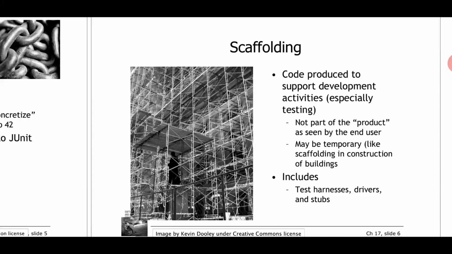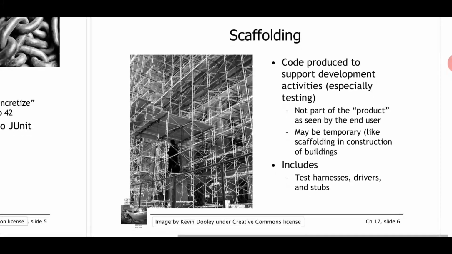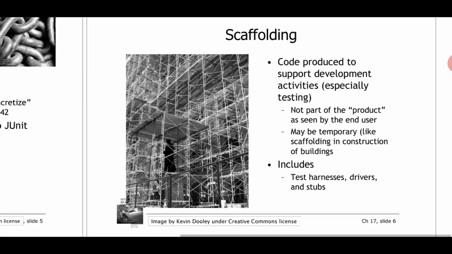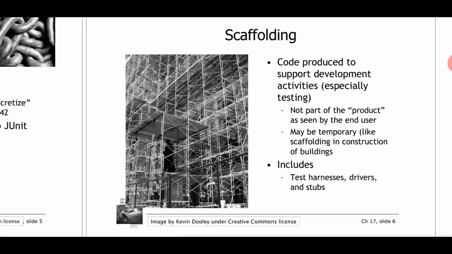After completing the product, the scaffolding will be removed, and the final product will be delivered to the actual end user. The main components of scaffolding are test harnesses, drivers and stubs.